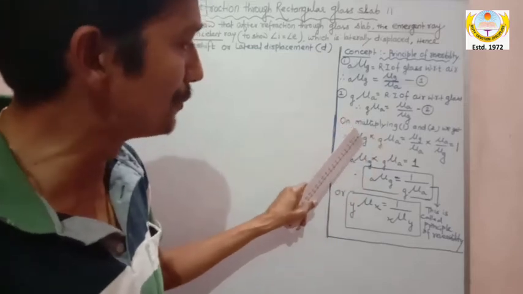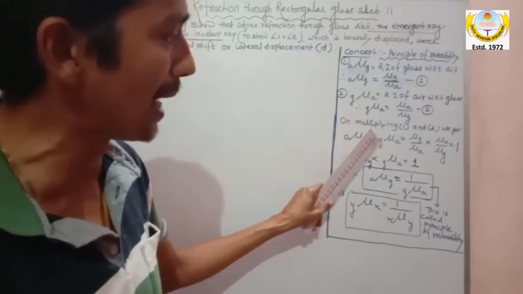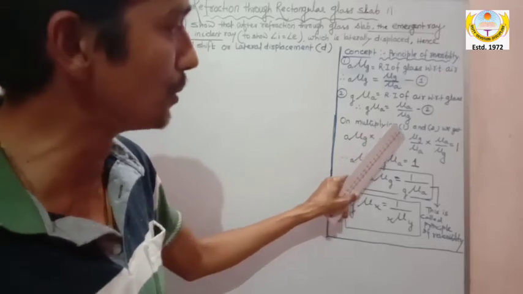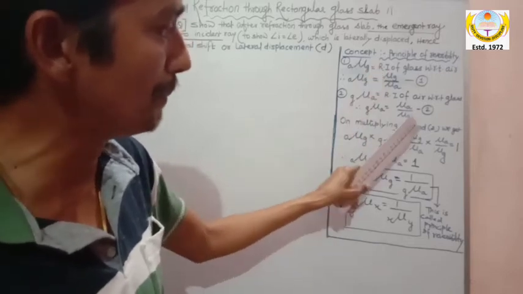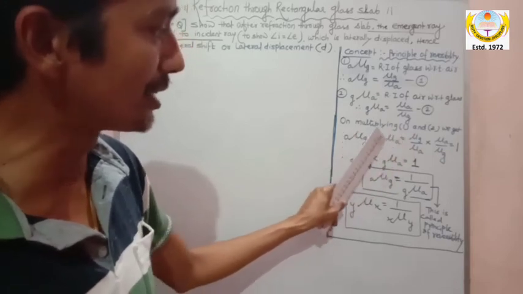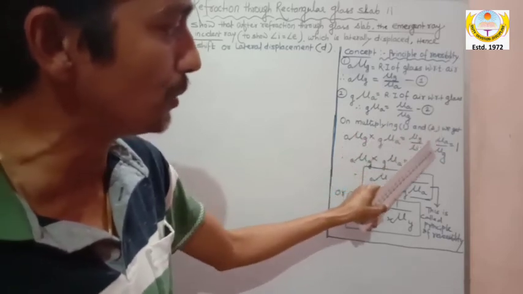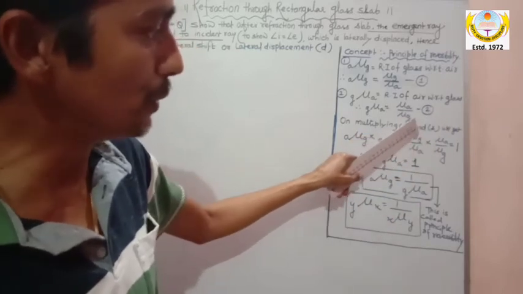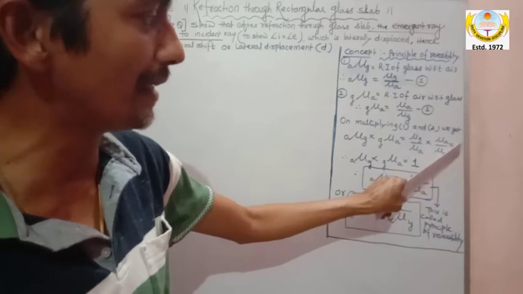This is mu of g with respect to air multiplied by mu of air with respect to g, which is equal to, from number 1, mu g upon mu a, and this one is mu a upon mu g. So what happened? Mu a and mu a cancel, mu g and mu g cancel. I am getting 1 on the right hand side.